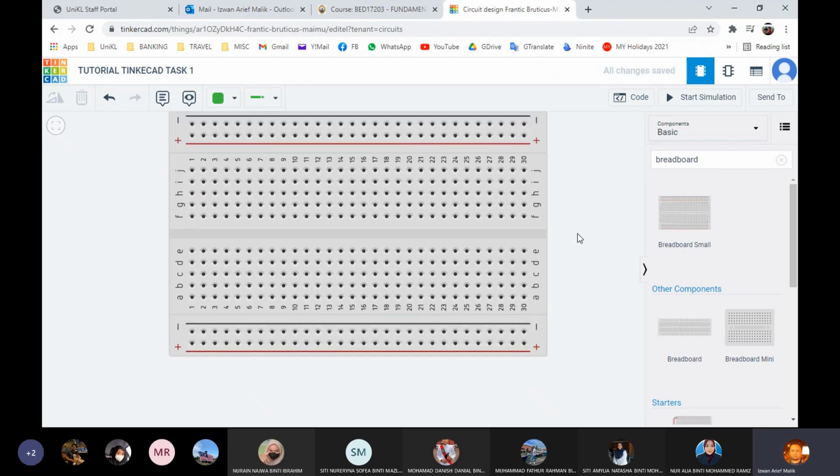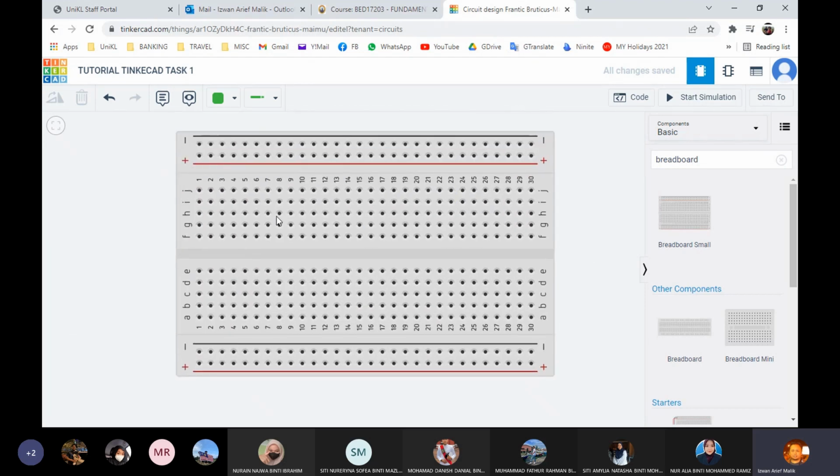If you hover your mouse on top of it, it shows its connections. If you place it like this, it means they are interconnected internally.